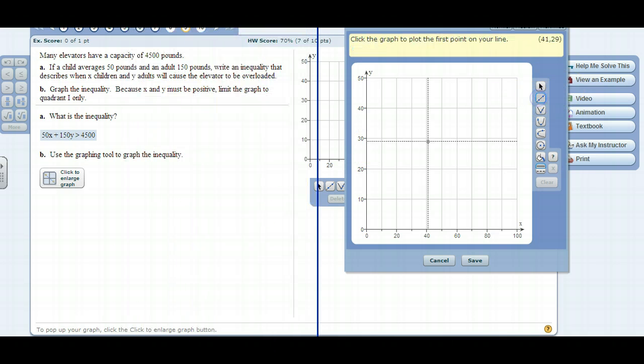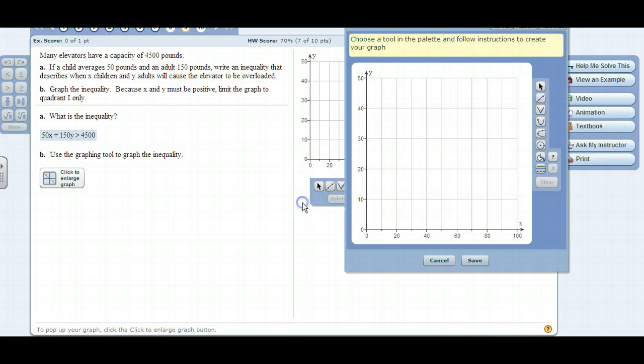So there's that one, there's that one, right, and above it, okay, the y coefficient is positive, it's greater than, so that means we're shading above. So take your... oops, sorry, let me clear that.